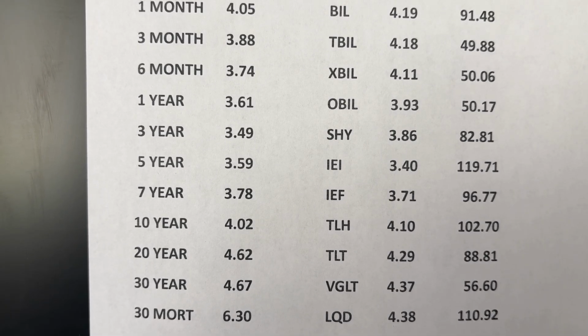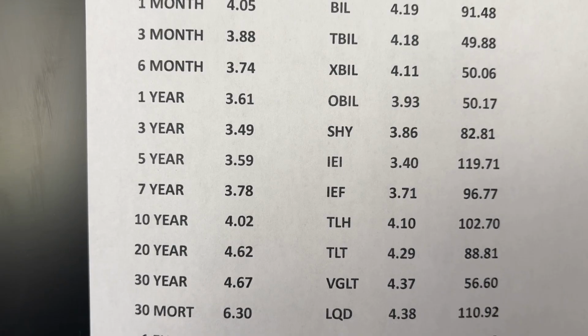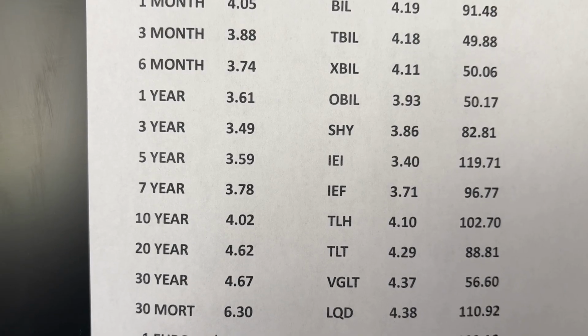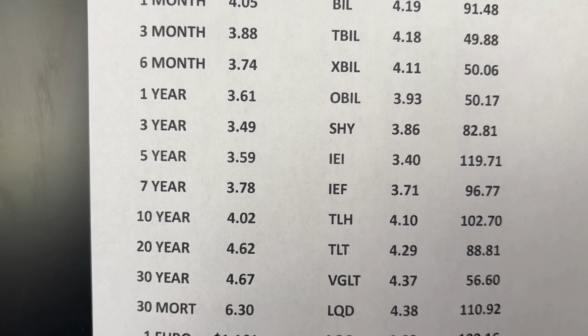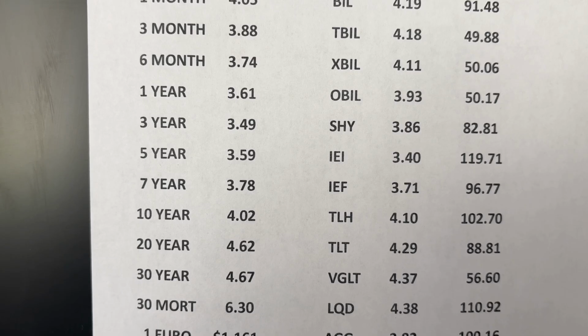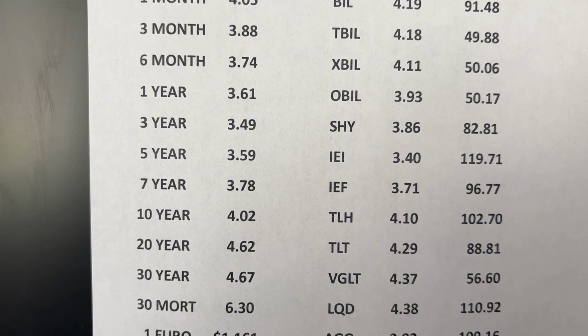For example, if the TLH goes up in value from say 4.10, we would expect a corresponding drop in the price. But next week, if the Fed is successful in lowering rates, and if we see the rate of return on the 10-year drop below 4.02, and if we see the rate of return on the TLH drop below 4.10, we would expect to see an increase in the price.